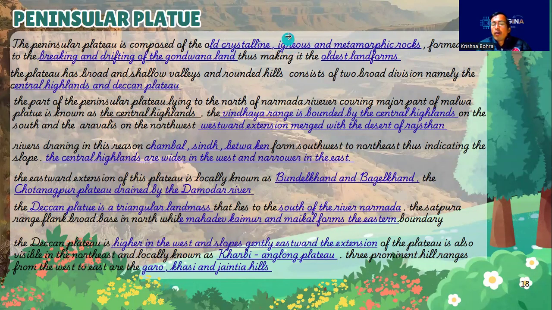Igneous rocks are formed when the lava, the magma, reaches the surface of the earth and it loses some of the gas or acid, so it becomes lava, and when it solidifies, the rocks are called igneous. Metamorphic rocks are those rocks which are subjected to high heat, temperature, and pressure.